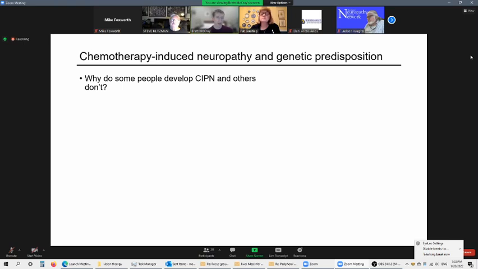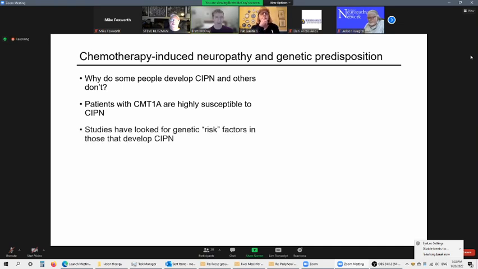So one of the big questions is why some people are susceptible and others aren't. One thing that's kind of interesting is that patients that have a particular type of CMT are really highly susceptible to CIPN. This raises the idea that maybe there's something genetic, some kind of genetic risk factor. Maybe there's a change in a gene that's not enough on its own to cause neuropathy, but then if you expose them to chemotherapy, all of a sudden this neuropathy comes out.